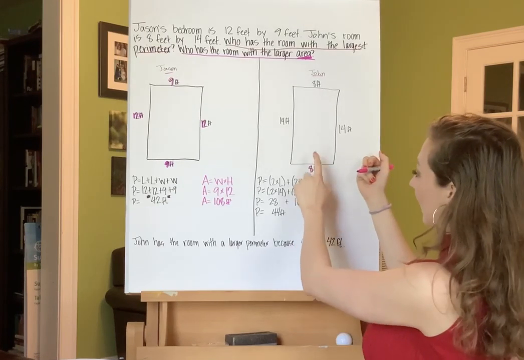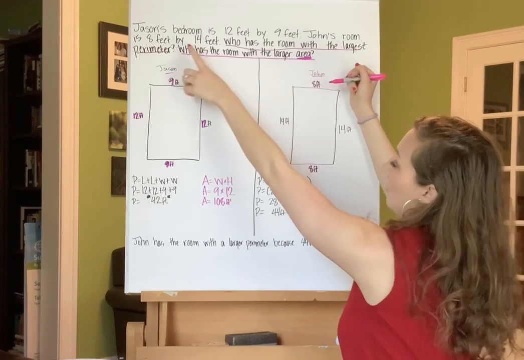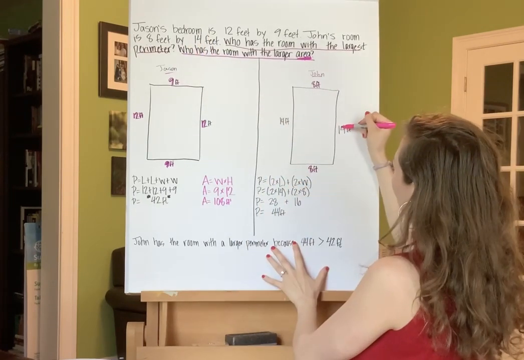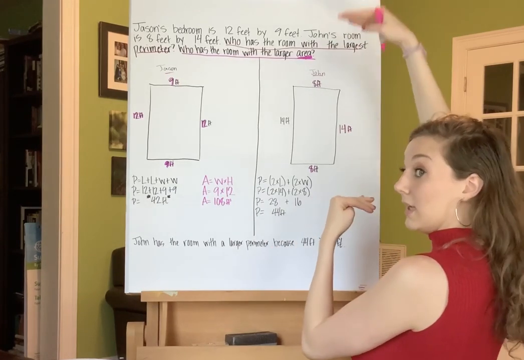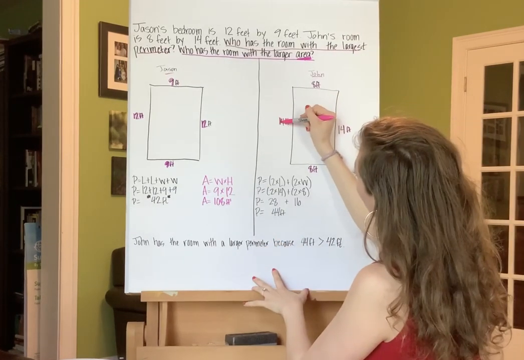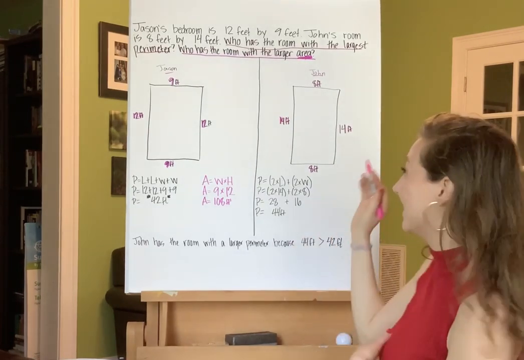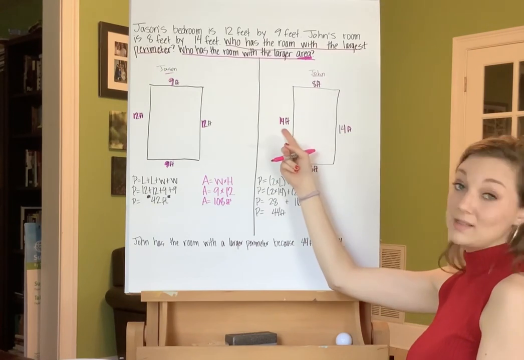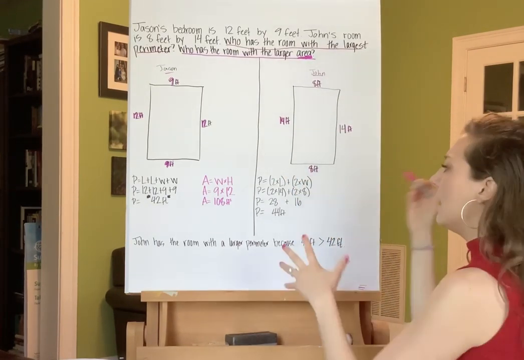So if this side's 8 feet, we know that this side is also 8 feet by 14 feet. If this is 14 feet long or 14 feet in height, we know this side is also 14 feet in height because it's a rectangle, right? This side is equal to this side, and this width is equal to this width. So let's go ahead and plug in.